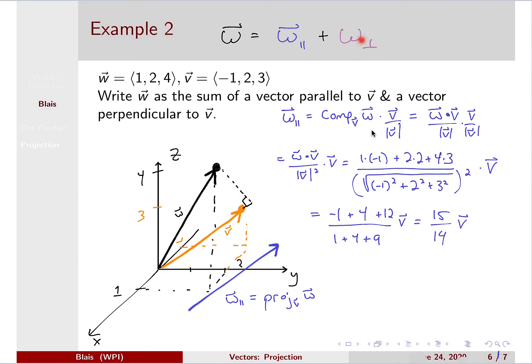But now we also want this w perpendicular. But here's the catch, we know what's known. We just found w parallel, and we were given w. So w perp we can solve for.